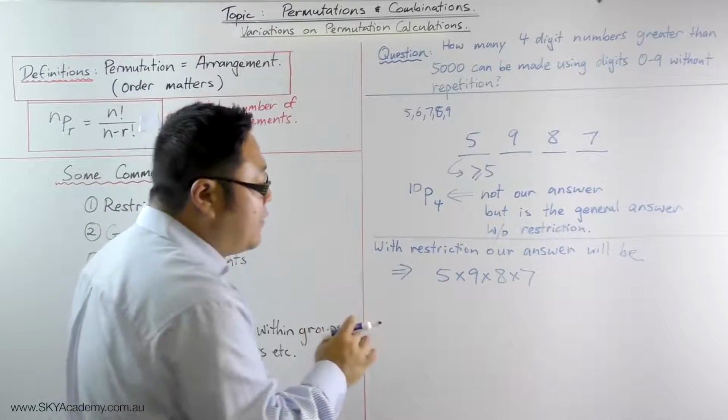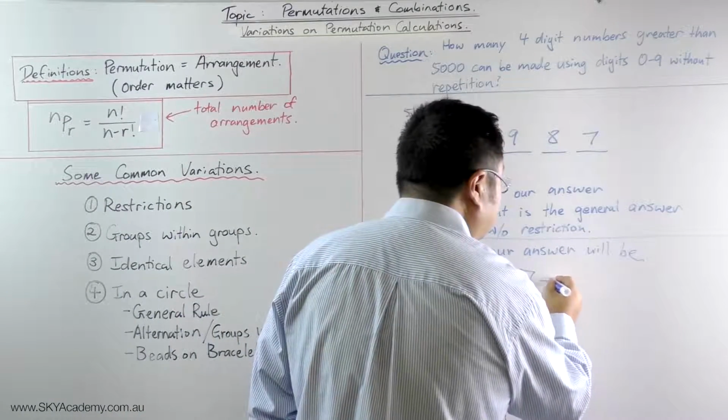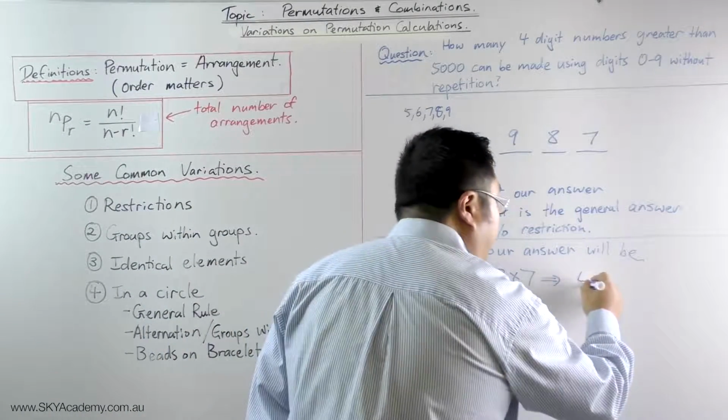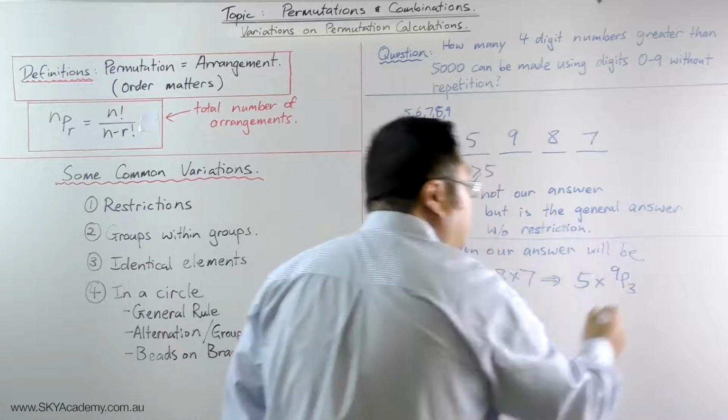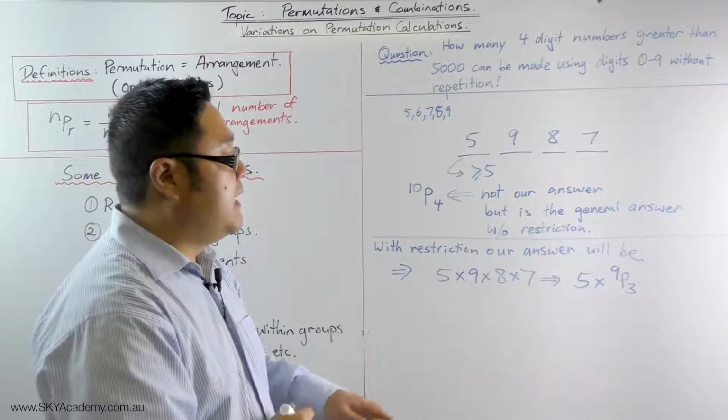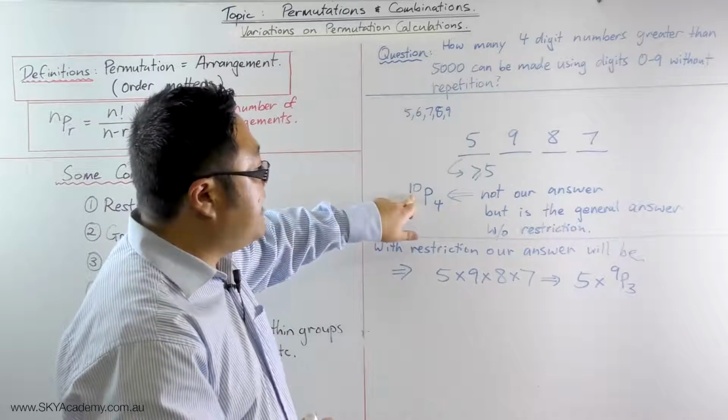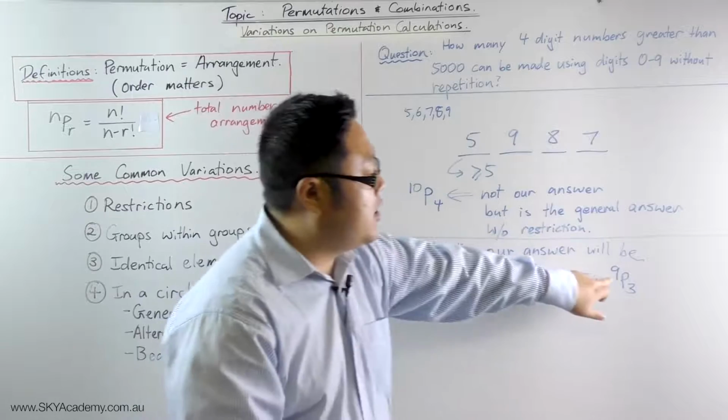Another way of writing this is 5 times 9p3. So instead of being 10p4, it'll be 9p3.